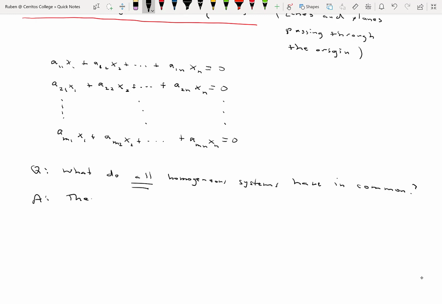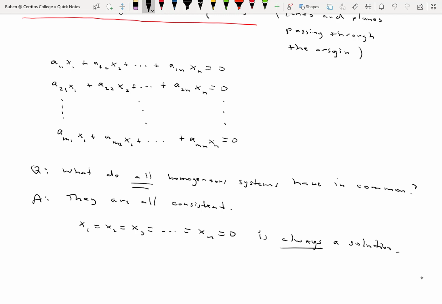The answer is they are all consistent. x1 equals x2 equals x3 all the way up to xn equaling 0 is always, just for homogeneous systems, always a solution.